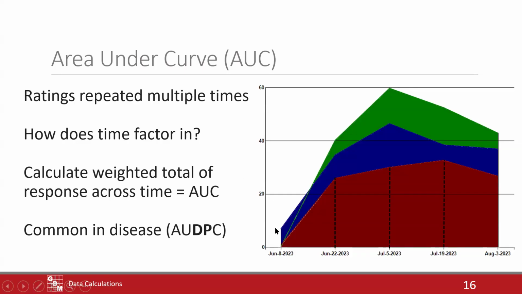And we do that for each treatment as we go, and then we can compare that total to each other to tell us over that stretch of time, this treatment, in this case, this red treatment did the best.